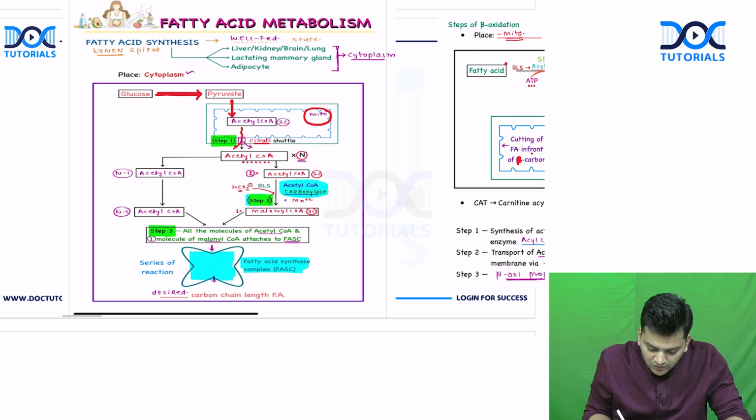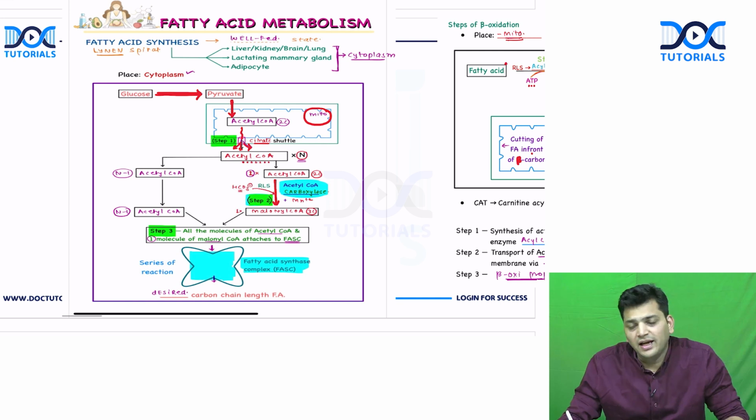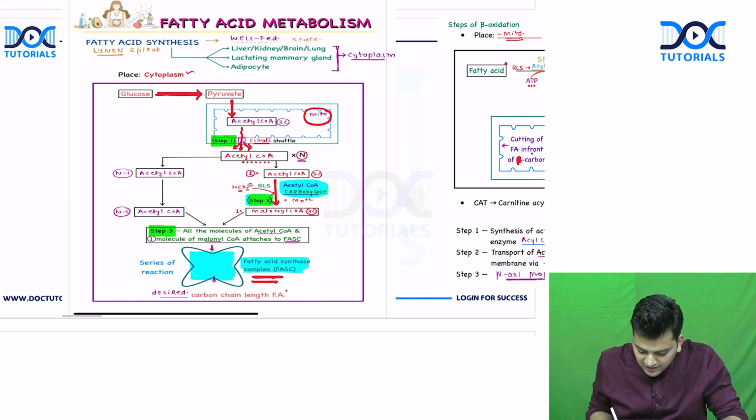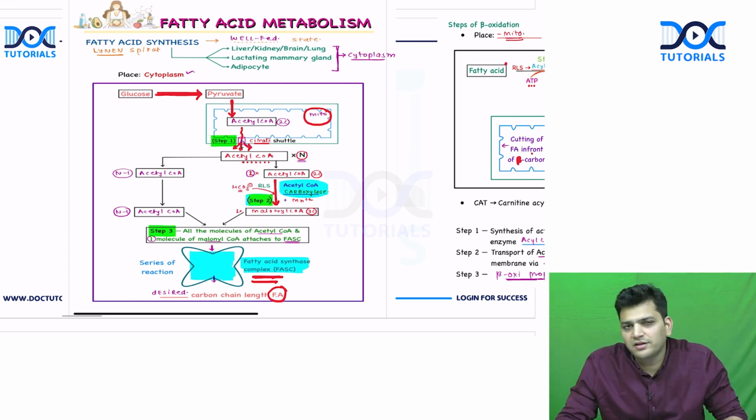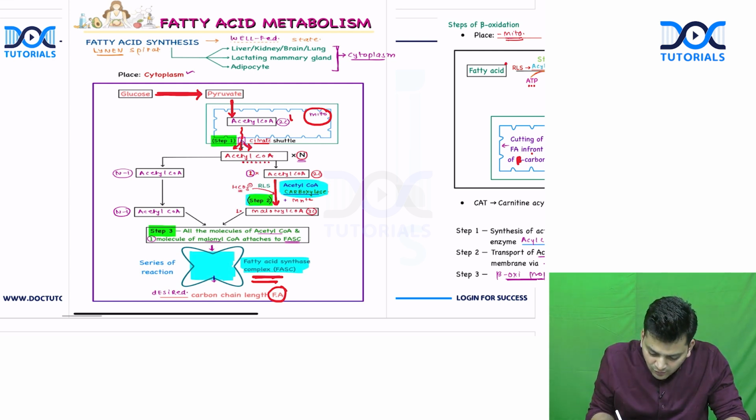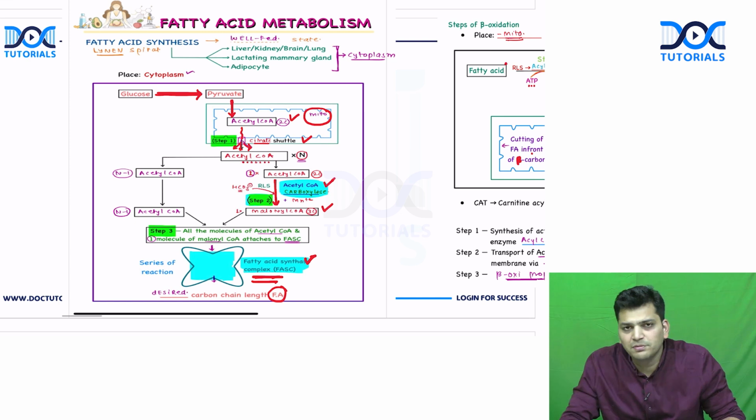One of the acetyl-CoA, with the help of the enzyme acetyl-CoA carboxylase, will convert into malonyl-CoA, and then we have the factory, the X-shaped fatty acid synthase complex, and that is going to give us the fatty acid. So basically, during fatty acid synthesis we require acetyl-CoA, the citrate shuttle, acetyl-CoA carboxylase, malonyl-CoA, and the fatty acid synthase complex.